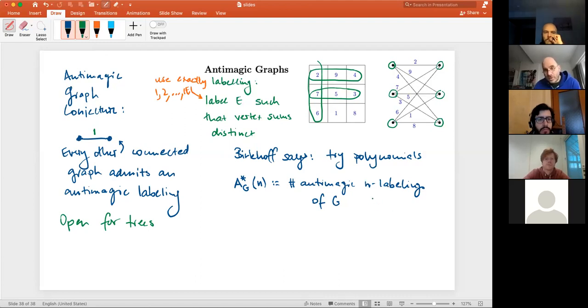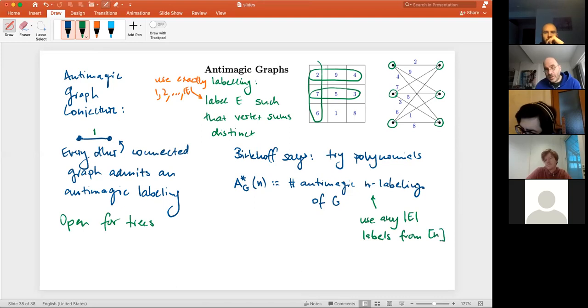What I mean by this is I'm going to use any E distinct labels from the set 1 through n.